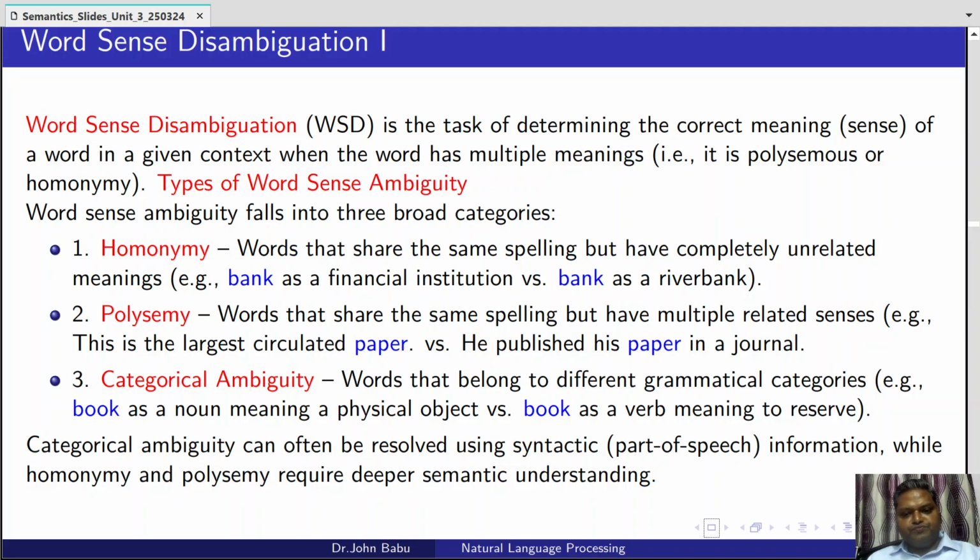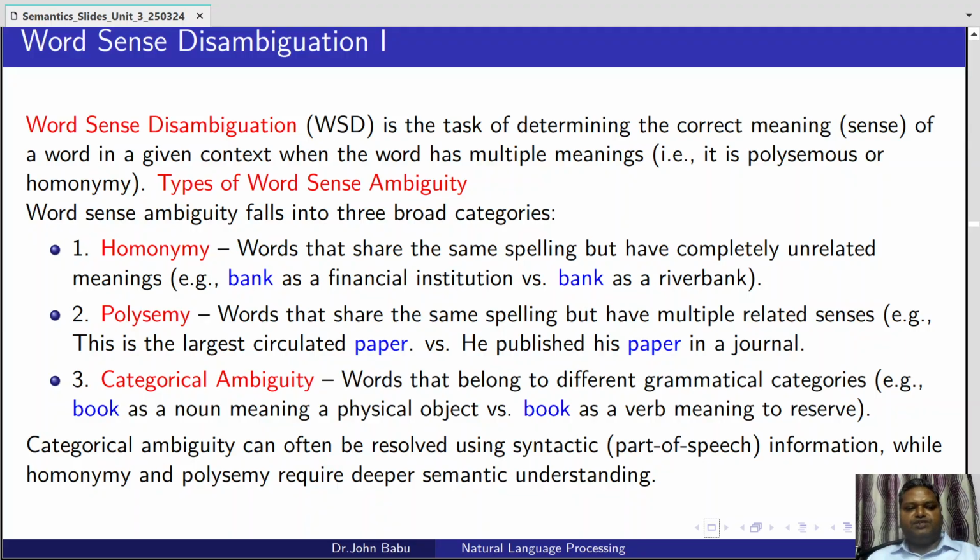Bank may also refer as the river bank. Similarly, bat, that may refer to cricket bat. Similarly, bat may refer to a bird. Similarly, nail may represent the fingernails, and the nail may represent the sharp iron tool, which we use to fasten the things on the wall or to fix the things on the wall. So we can give lot number of examples for homonym.